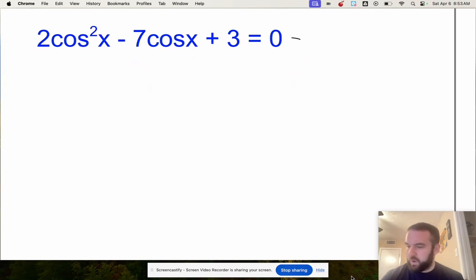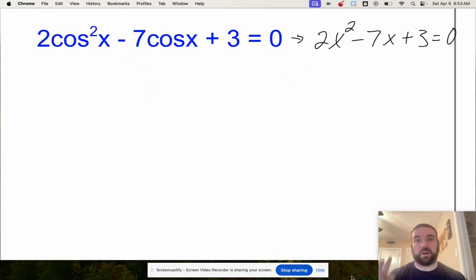But effectively, like in the previous examples where we got the trig function by itself as our first priority, we're treating cosine or sine as its own variable. So essentially what we're dealing with is 2x squared minus 7x plus 3 equals 0. It's just that our variable is actually cosine x.